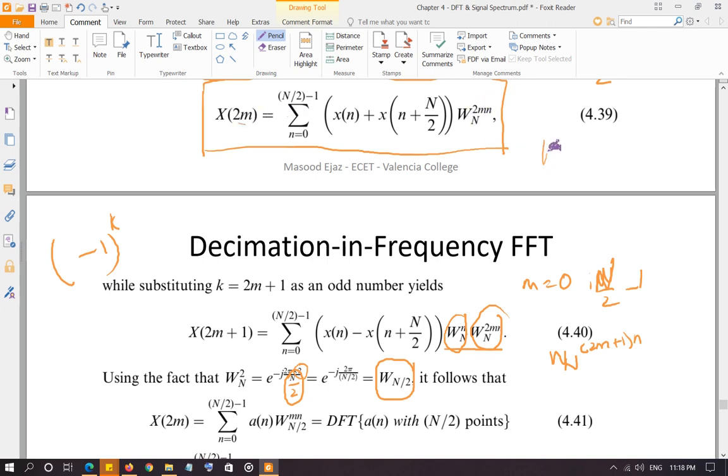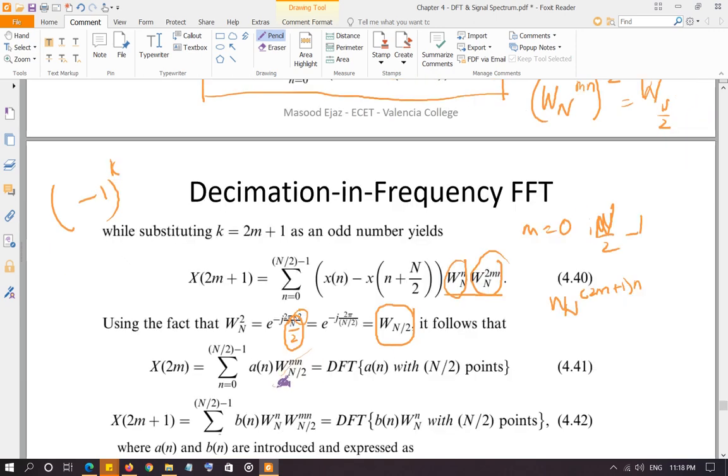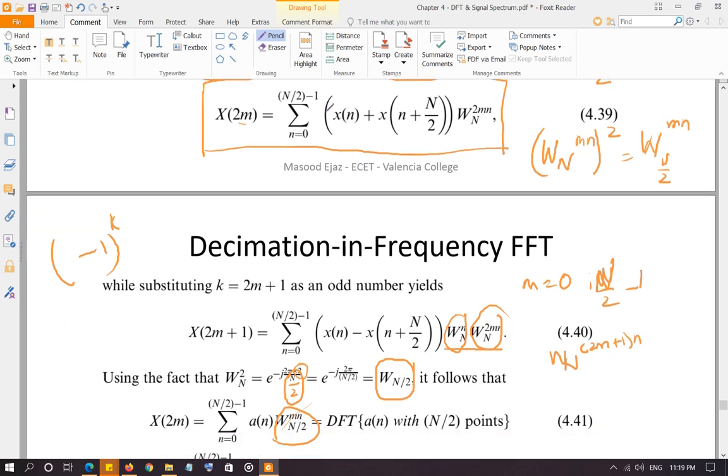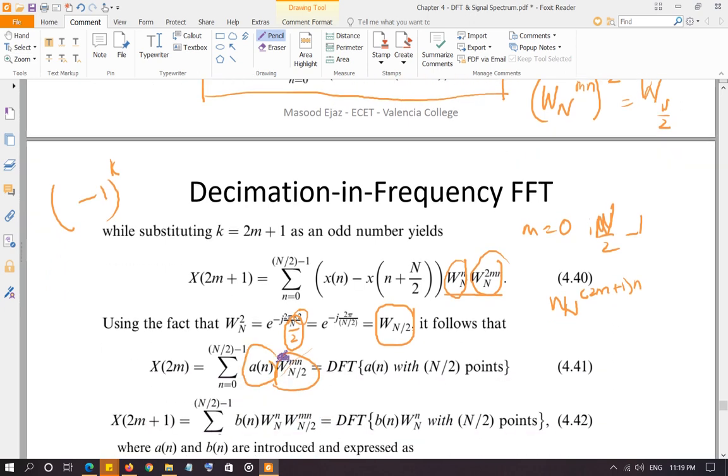So W_N^{2mn} means W_N squared to the power mn, so I can write this as W_{N/2}^{mn}, and I'm calling x[n] plus x[n + N/2], where n goes from 0 to N/2 minus 1, as a variable a[n].